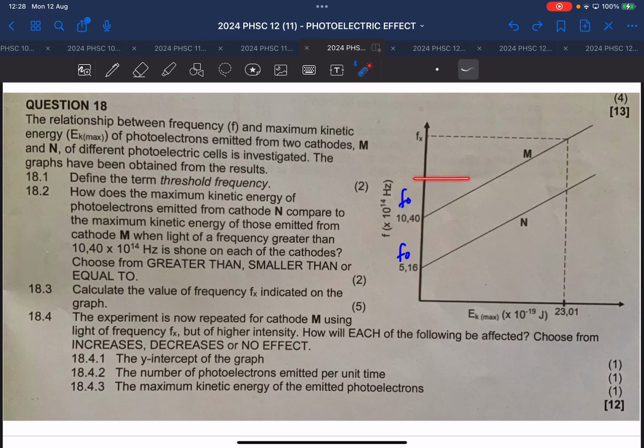If I draw a line here, this will be where it meets M, this will be where it meets N. Graph N, graph M. This one will be bigger than 23.01, this will be smaller than 23. So N is greater than M.